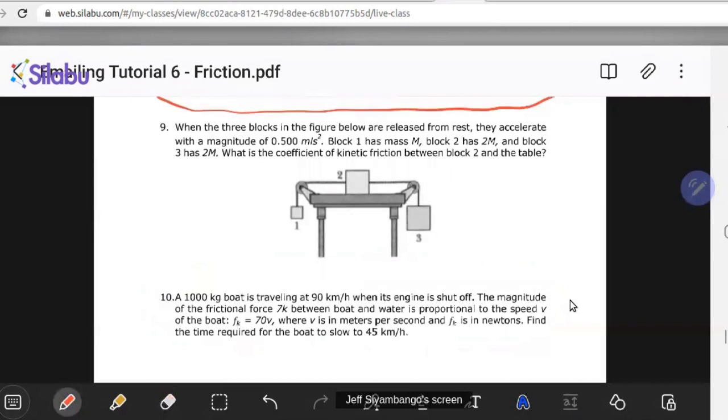So you have to observe what is happening here. If you look at mass 1, it's just hanging. If I look at mass 1 on its own, it will experience its weight dragging it down.